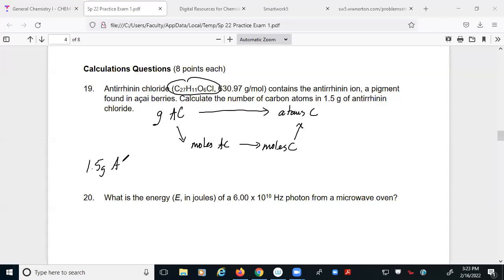So 1.5 grams of AC, we're gonna turn it into moles. 1 mole of AC is 630.97 grams. So that gets rid of our grams of AC.